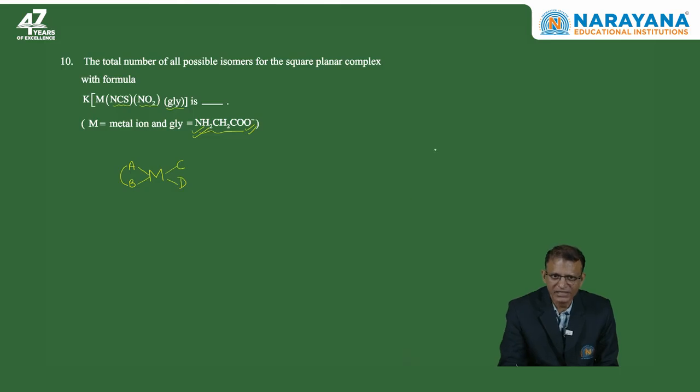So how many complexes can we draw if we try to write the linkage isomers possible for this complex? One is this complex itself, that is M with NCS, NO2, GLY.